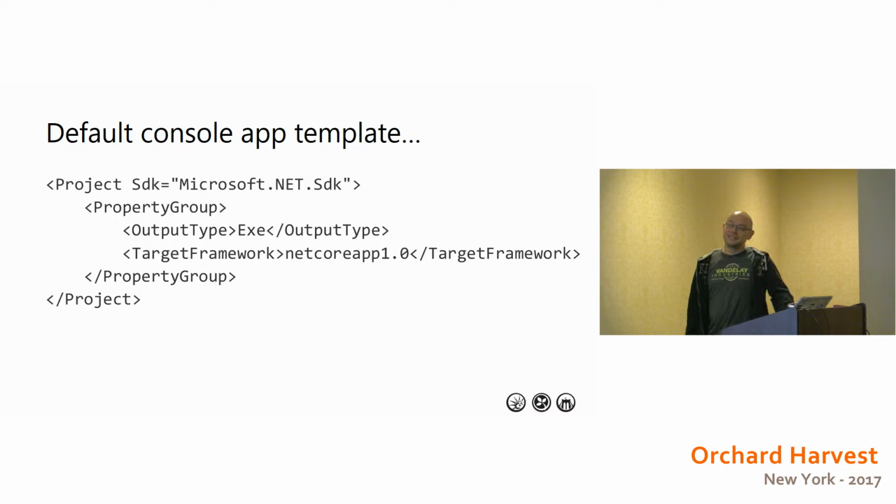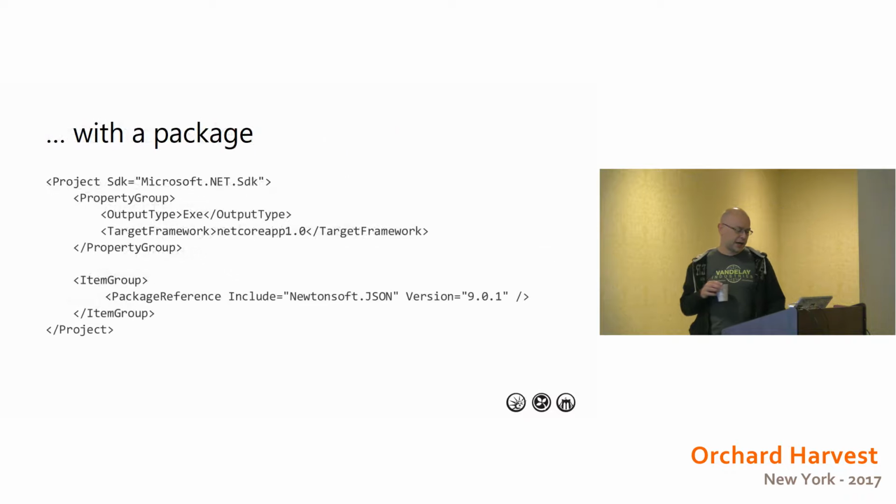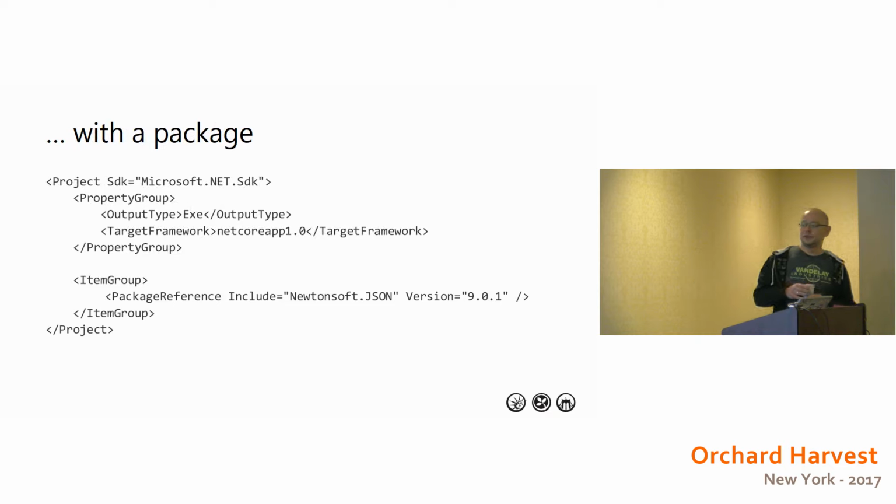Okay, so here is what the default console application looks like once you've done .NET New. If you've opened CS proj files before, this should really look a lot simpler. There is almost no noise in there except for the property group, which is still something that is not quite optimal, but it does look pretty good. And if you add packages to that, it's not much more complicated.